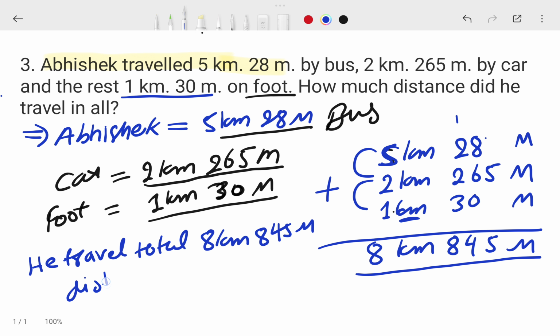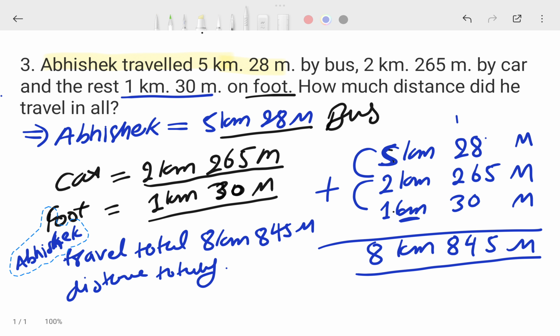Okay, just write Abhishek. Whatever it is, Abhishek traveled a total of 8 kilometers 845 meters distance. Okay, so this is over.